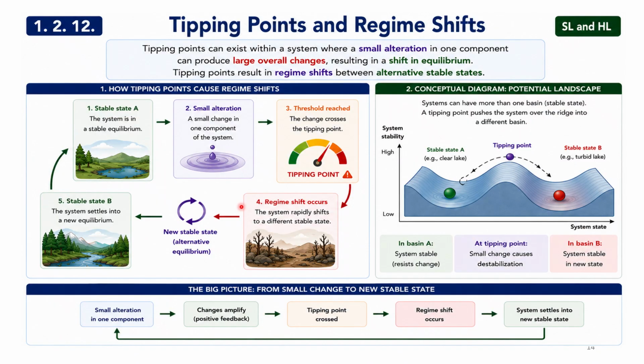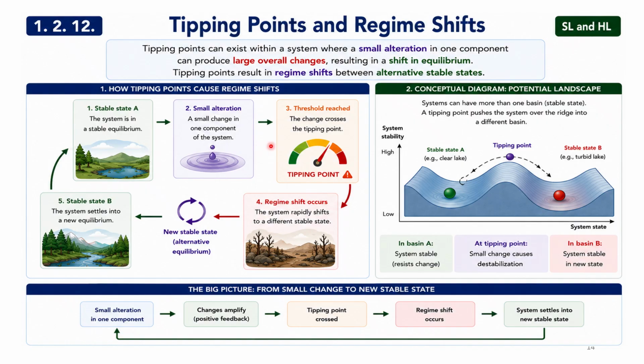Let's explore how tipping points can lead to regime shifts in environmental systems. A system may remain stable despite small disturbances, existing in what we call stable state A. However, a small alteration, such as nutrient pollution, deforestation, or rising temperature, can be amplified by positive feedback.